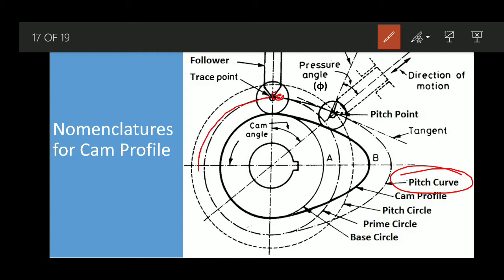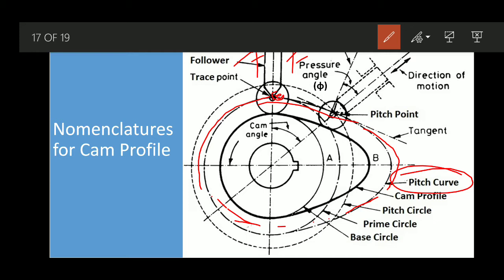So this is the curve which is traced by the trace point when we assume that the follower is rotating around the cam. As we already know, in the actual case the cam is rotating and the follower stays at its position and remains stationary, but whatever movement the cam imparts to the follower, it gets.